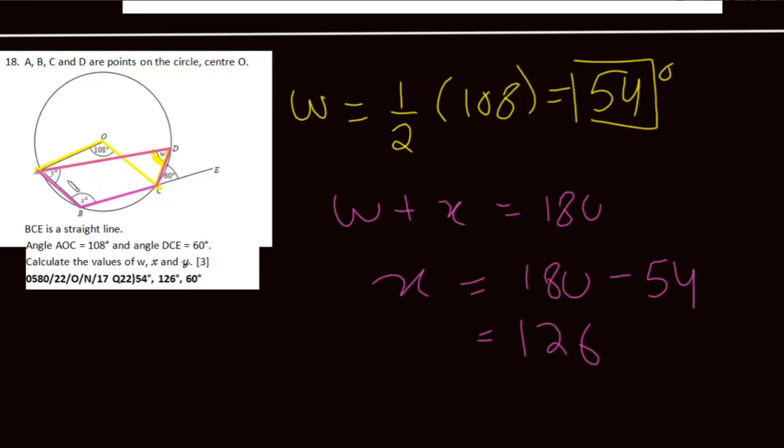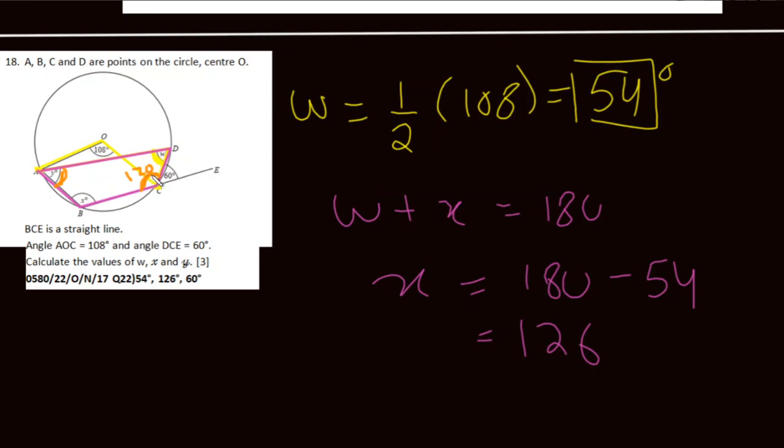Next we need angle Y. So for angle Y, again this is still a cyclic quadrilateral, so sum of this angle and this angle over here would be 180, and this angle is 120 because angle on a straight line equals 180.